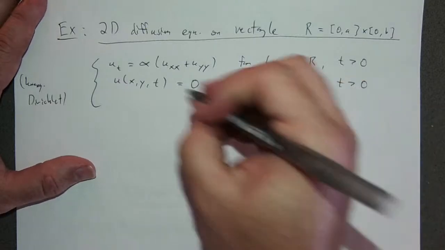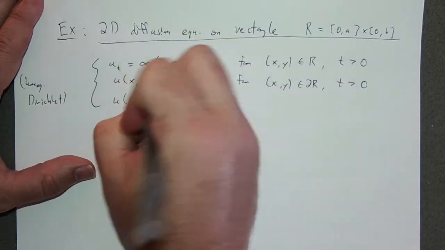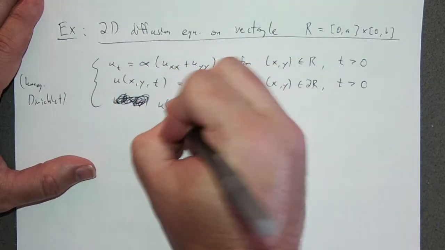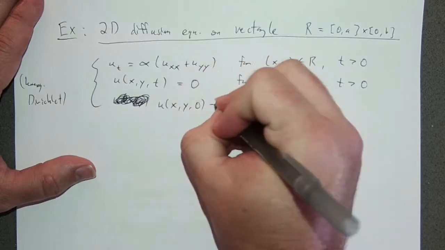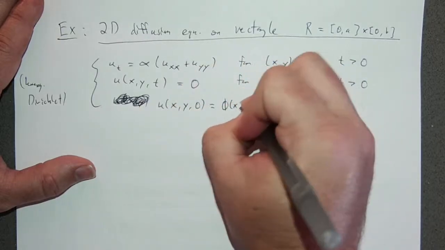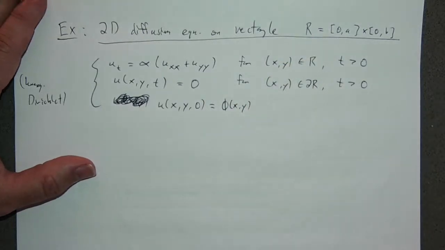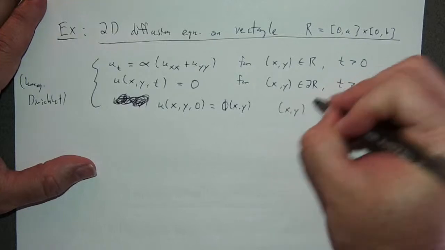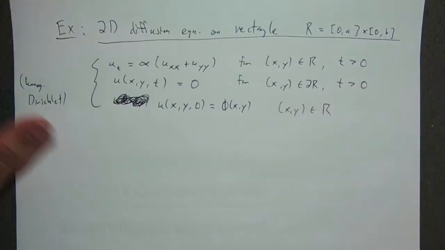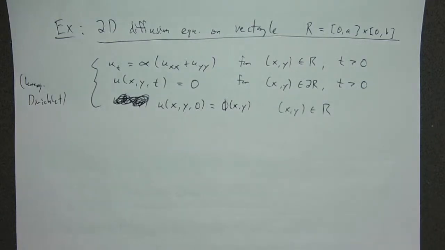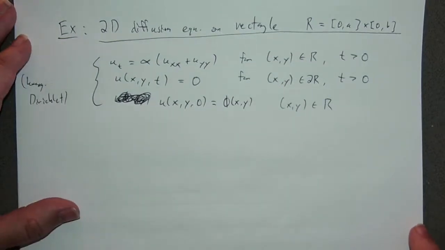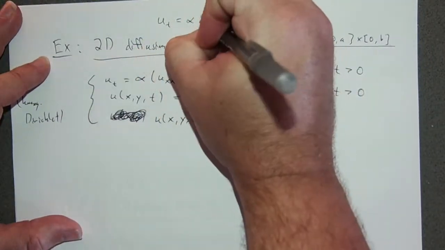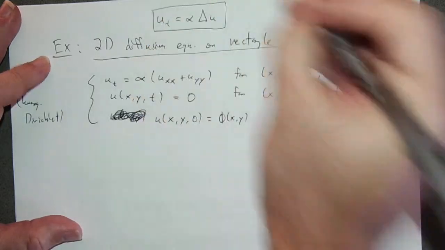And then I have an initial condition: u of x, y, 0 is now a function phi of x, y, for x and y in R. Recall the 2D diffusion equation is u sub t equals alpha Laplacian of u.